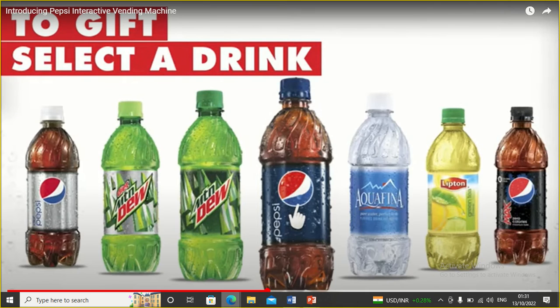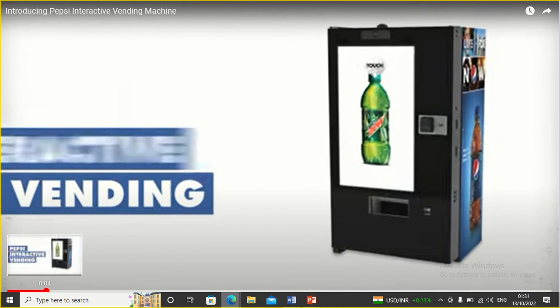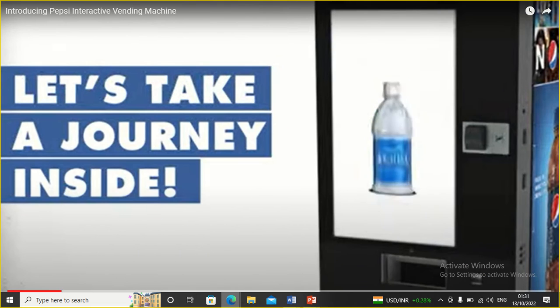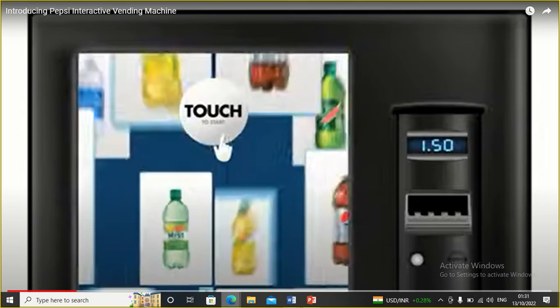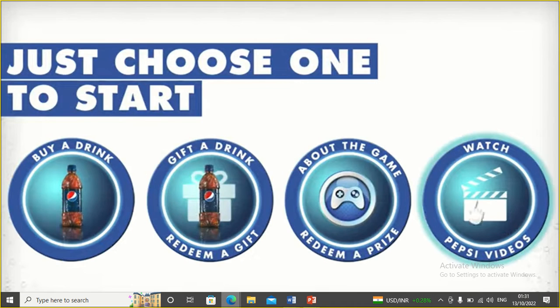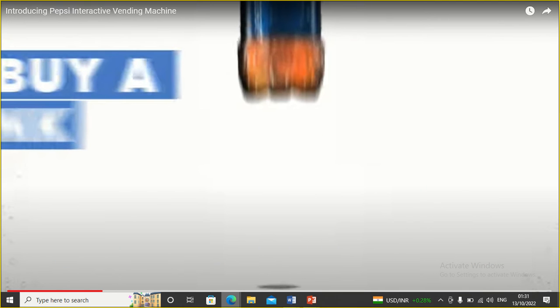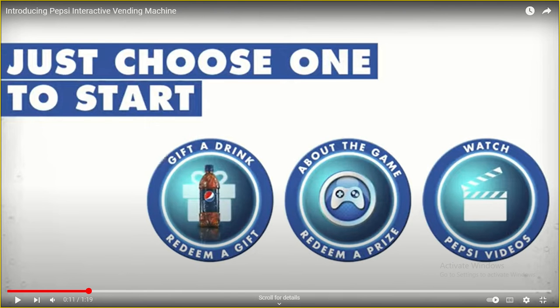Students, I hope you can observe how it works. It's an interactive vending machine. To operate this, you have to touch, then you can choose the product which you would like to buy.